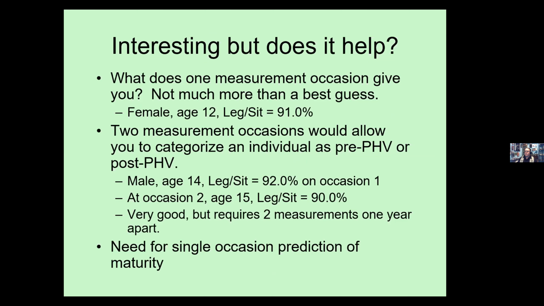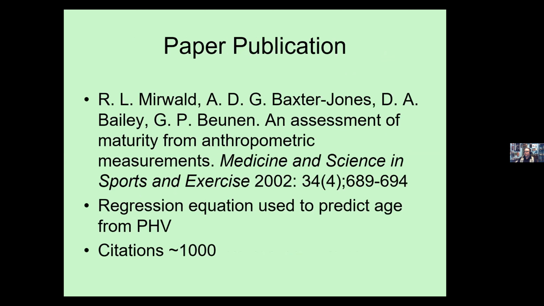You actually still need 2 measurement occasions to tell you whether an individual has reached their peak, is pre their peak, or is post their peak. So not good for a single occasion prediction. The next stage that we went into was Bob, myself, Don Bailey, and Gaston Beunen, professor from University of Leuven in Belgium.